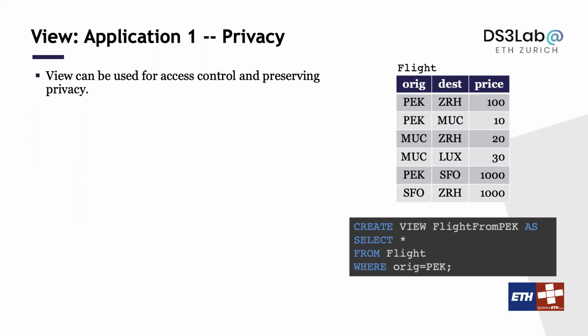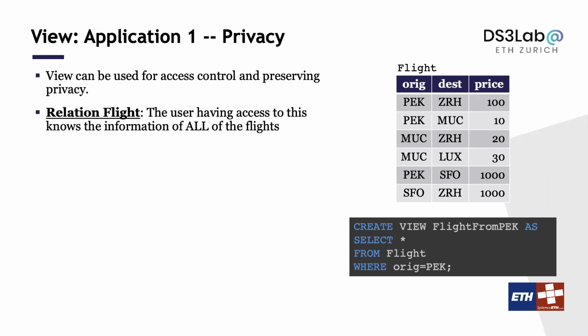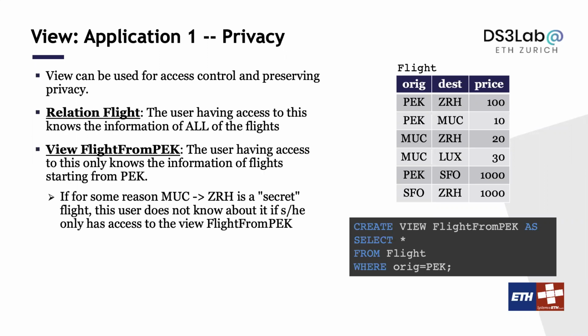Here, what you can do is define a view containing the information that person can see and only give that person access to this view, right? So in this case, that person can only see all the flights originating from a certain city. If there's some reason that some flights are secret to that person, right?